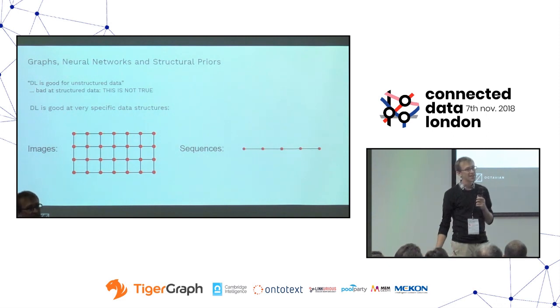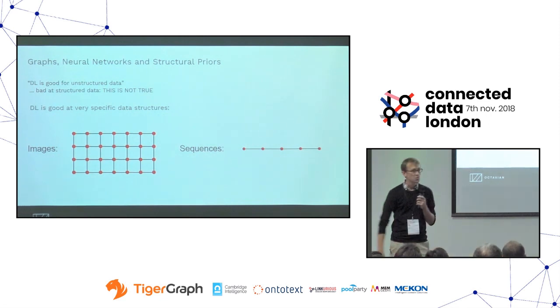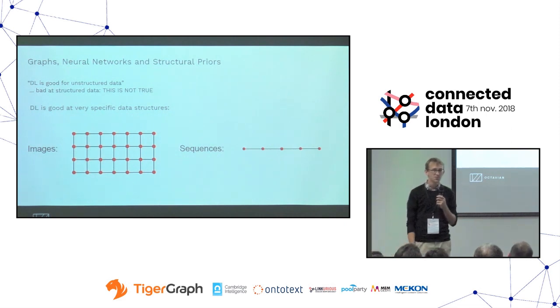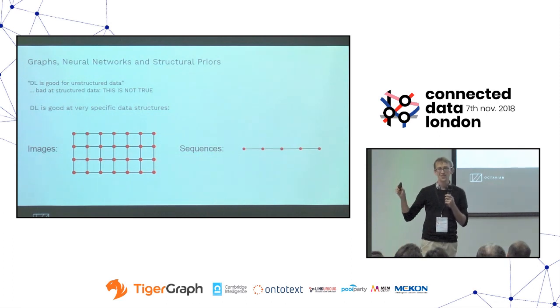Actually, deep learning is good at some very specific structured data problems. It's good at sequences, which we use recurrent neural networks for, and it's good at dealing with images, which we use convolutional neural networks for. And these have very specific structures. In an image, I know that this node is more relevant to that node than this one. So we know that the proximity in the grid of pixels is more relevant, okay?